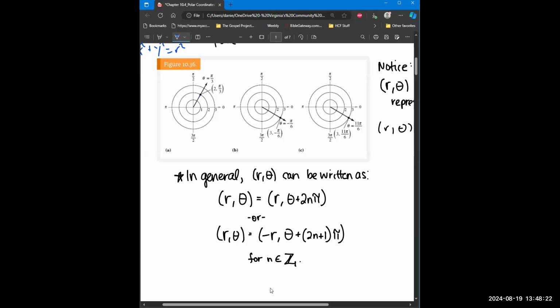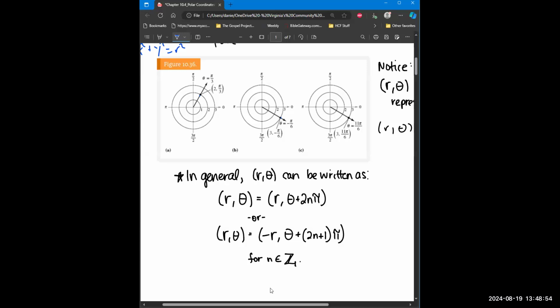I've rotated pi over 6 in the clockwise direction, and I'm somewhere along this line, and I want to go a distance of 3. 1, 2, 3, right there. 3 steps will get me to my point, but I don't have to turn clockwise. I could have turned more radians and turned counterclockwise here, turned 11 pi over 6 radians and then walked 1, 2, 3, and I'd get to the same point.